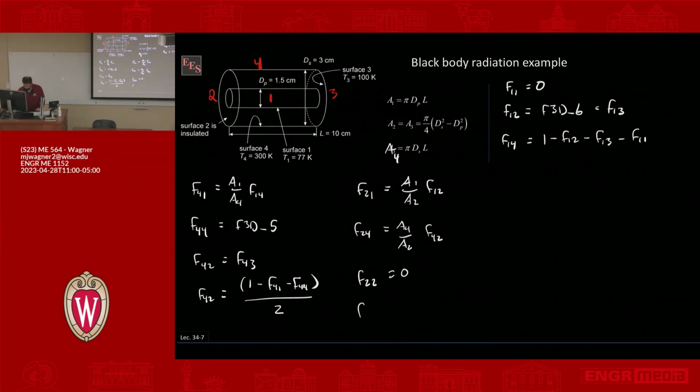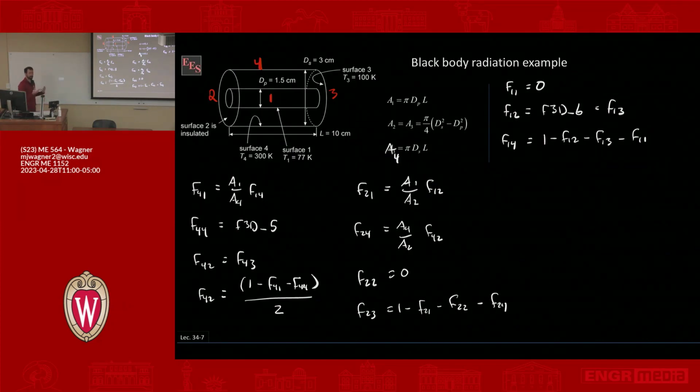And then F2,3 is going to be the enclosure rule, so it equals 1 minus F2,1 minus F2,2 minus F2,4. Okay, so that's 12 of the 16.